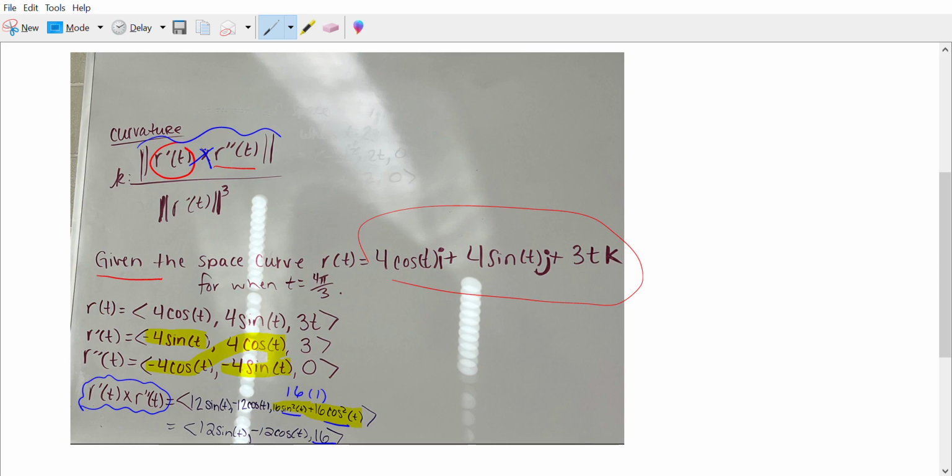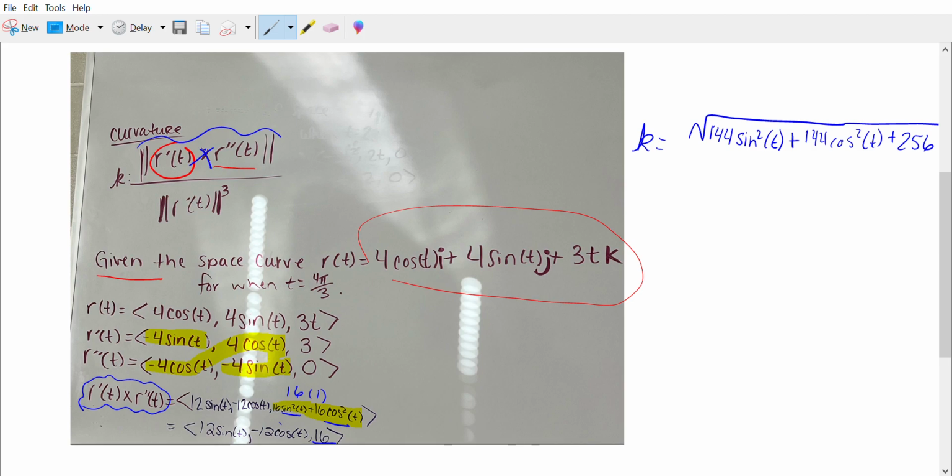We would say k equals the square root of, so 12 sine t squared becomes 144 sine squared t, plus the middle component, which would become 144 cosine squared t. And then lastly, 16 squared is 256.